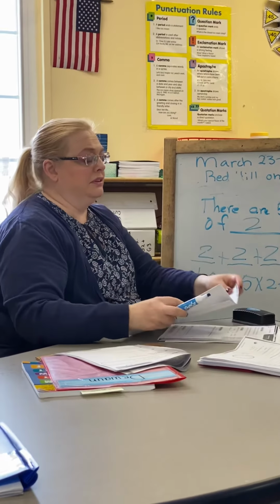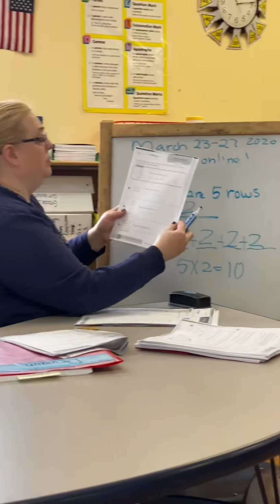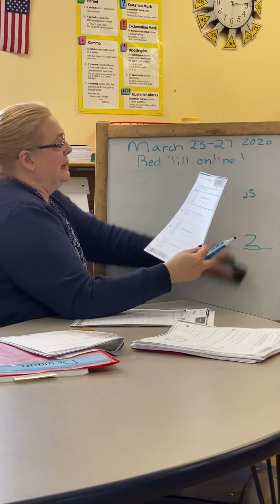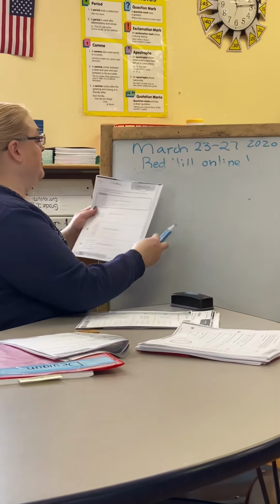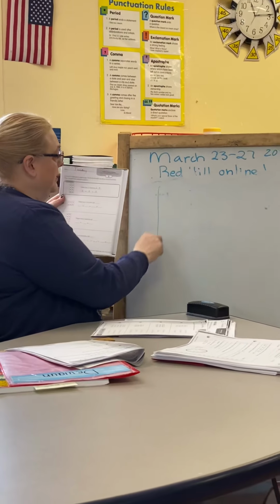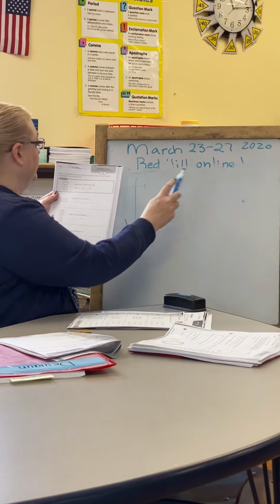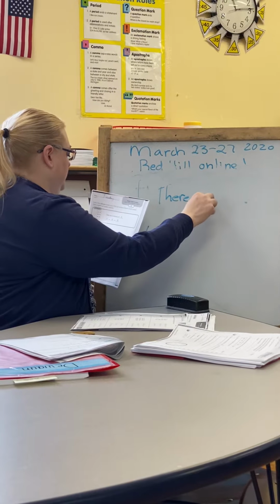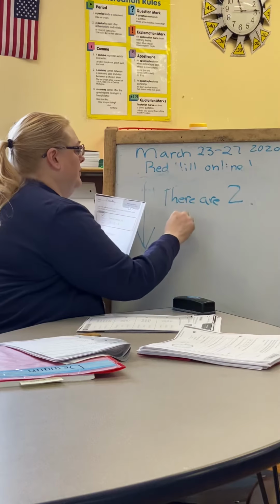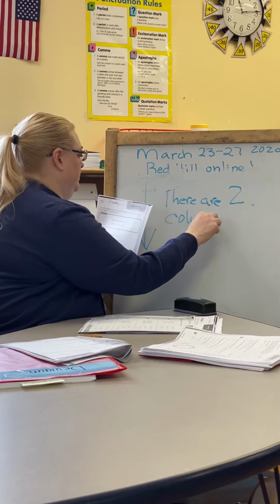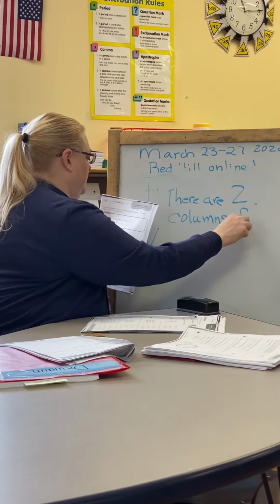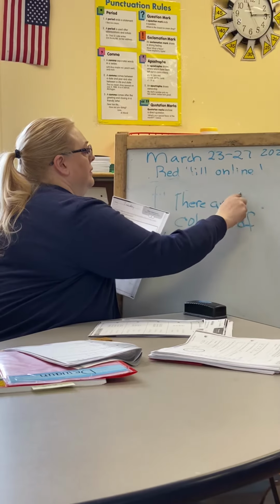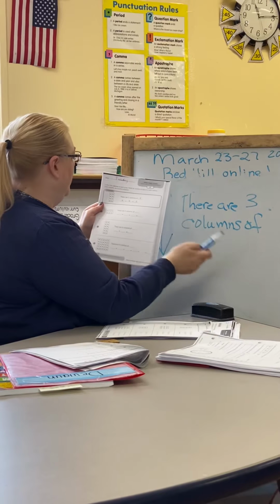When we go to Tuesday, day 2, we see that now they are referring to the columns. It is basically the same thing, except this time we are going down instead of across. So it says there are 3 columns up.